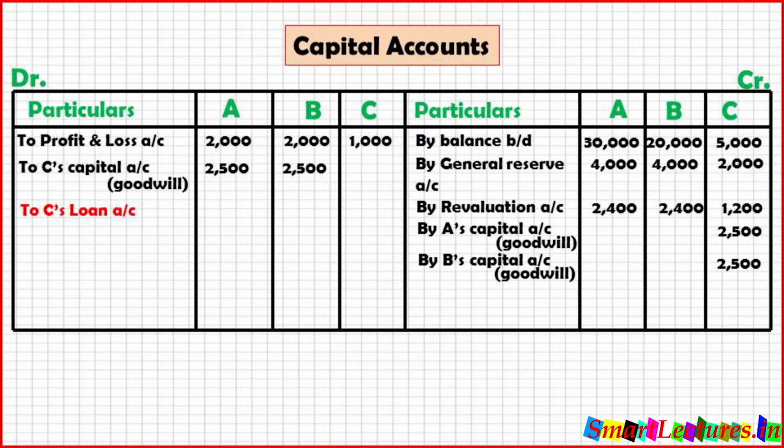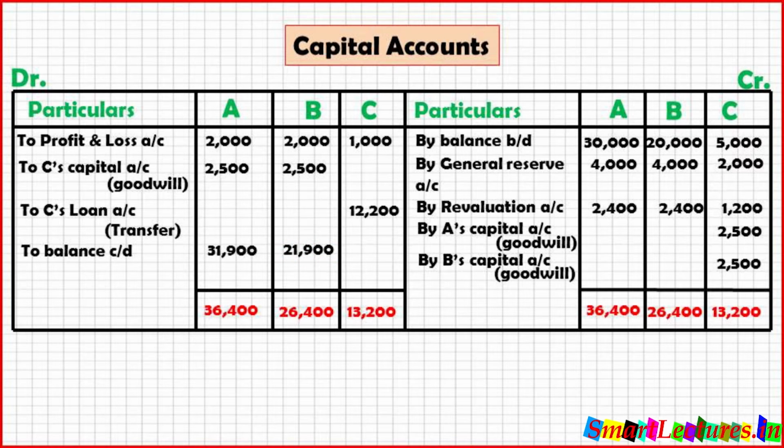So write down to C's loan account, and in the inner column you can write transfer and write 12,200 in C's column. Now to balance CD, 31,900 for A, 21,900 for B, and the total on both sides 36,400, 26,400, 13,200. In this way we have completed the capital accounts.